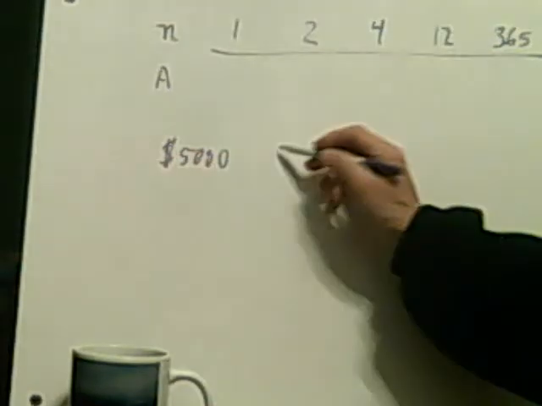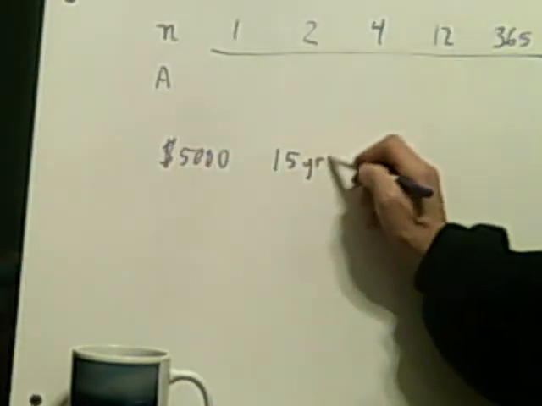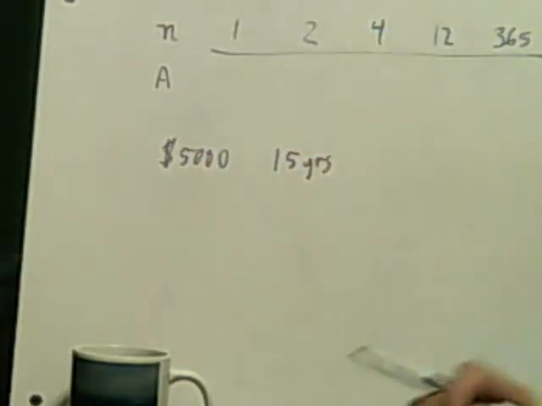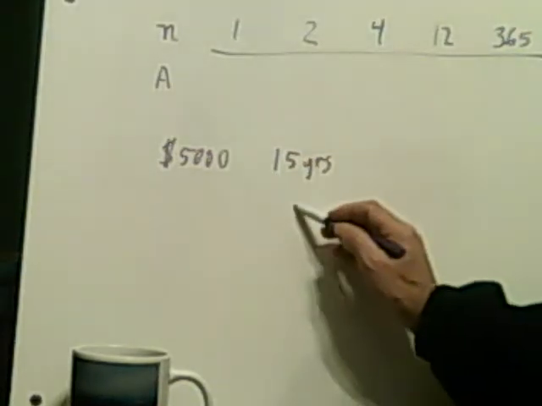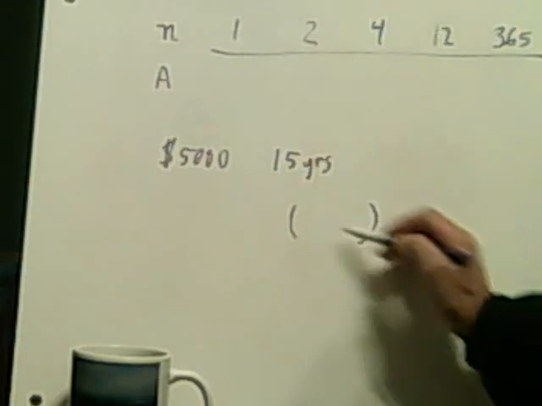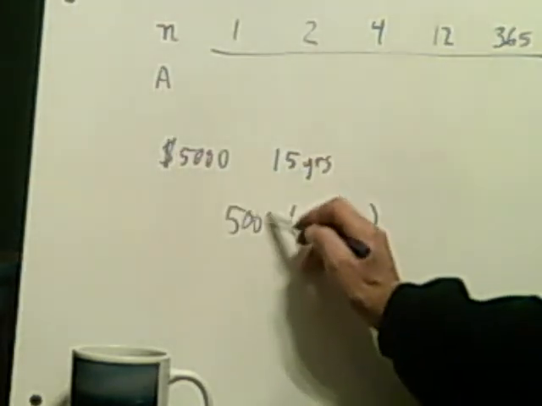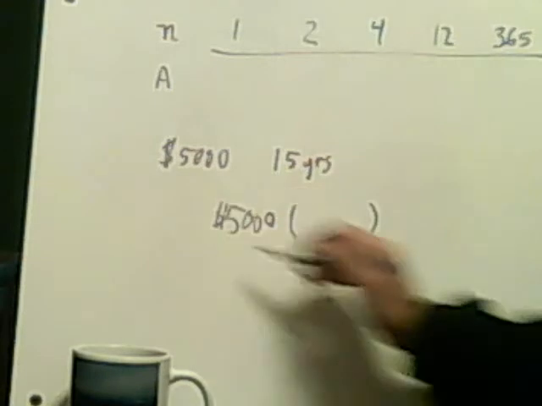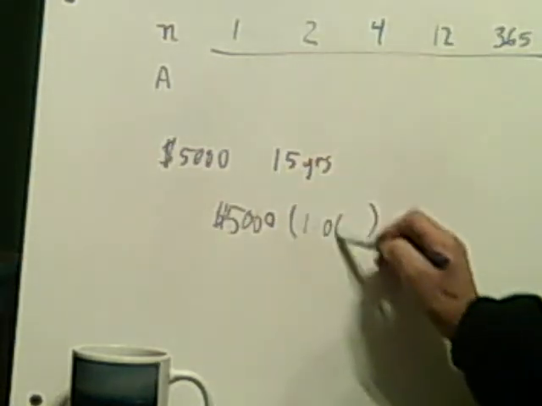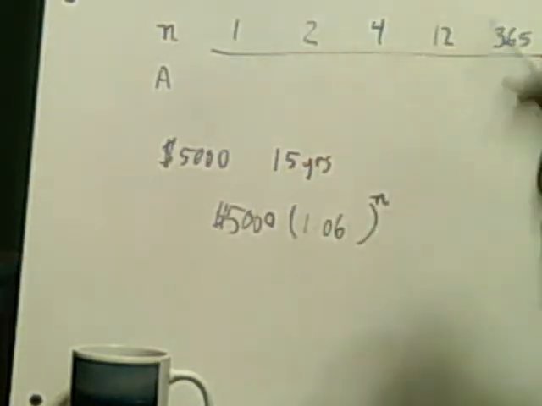Oh, it's for 15 years. Okay, if it gets compounded once a year, that means each year you're going to get 6%. So you start off, after a certain number of years, you're going to have 5,000 multiplied by 1.06 times n.